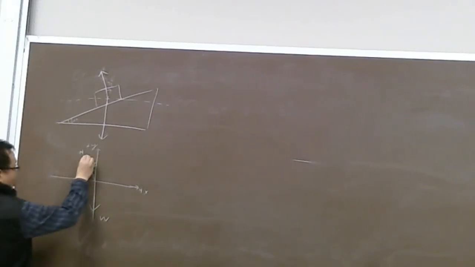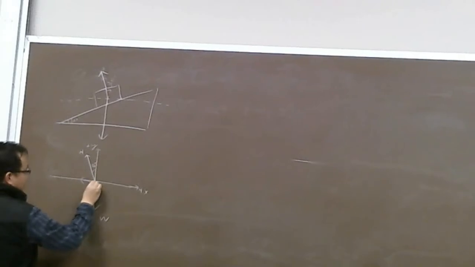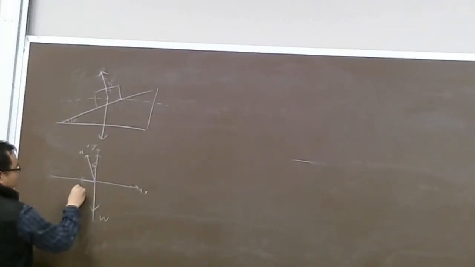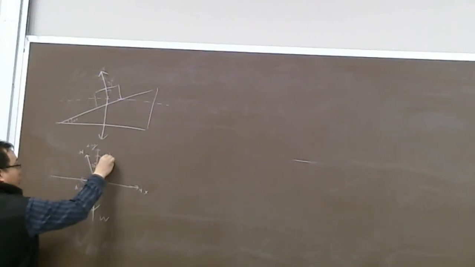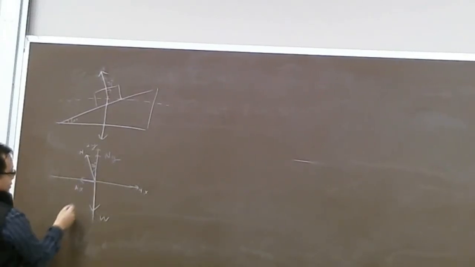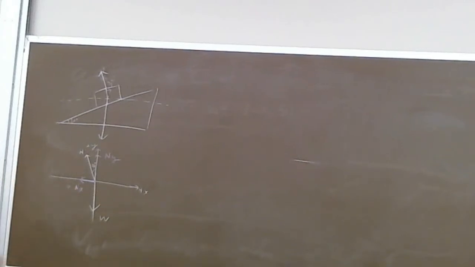We have to decompose the normal force N to get Nx and Ny. According to the graph here, what is Nx? Should it be N multiplied by cosine 30 degrees or N multiplied by sine 30 degrees?